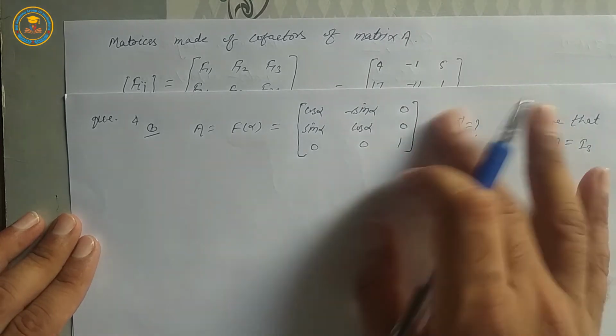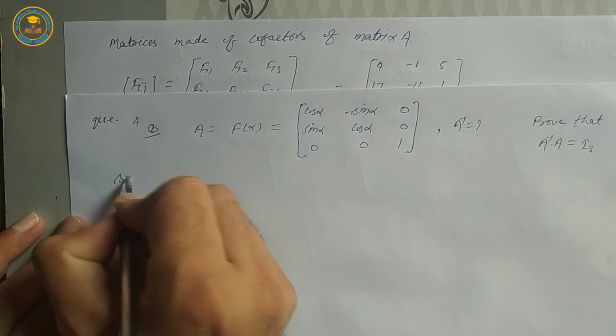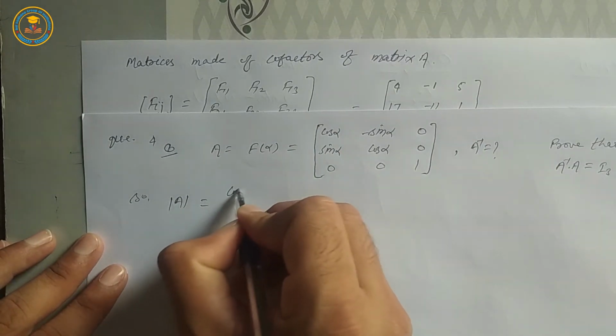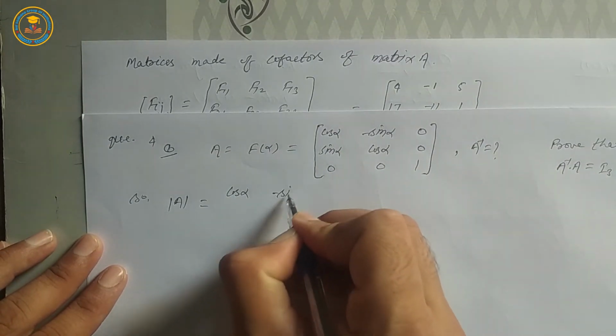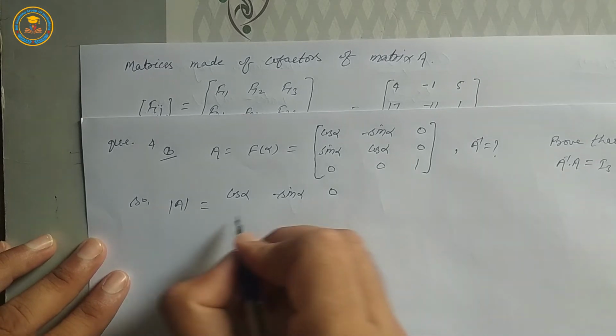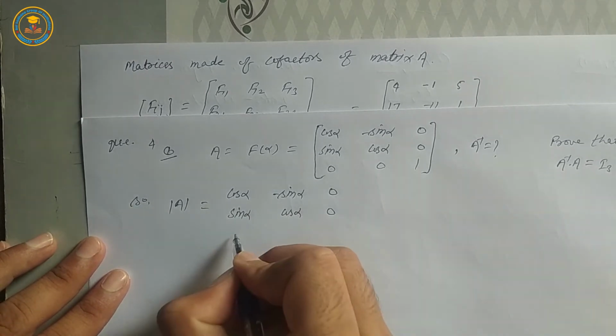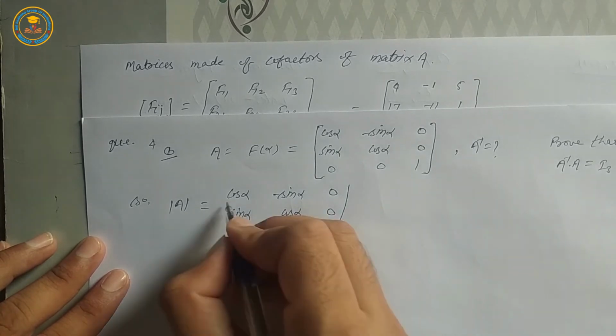Working rule of A inverse. So determinant A equals the matrix cos alpha, minus sin alpha, 0; sin alpha, cos alpha, 0; 0, 0, 1.